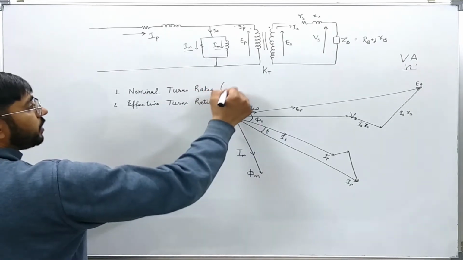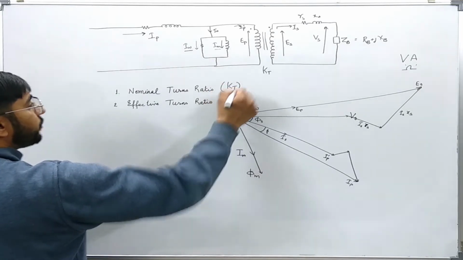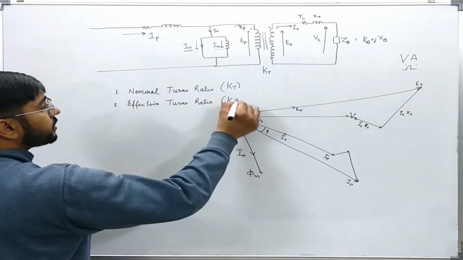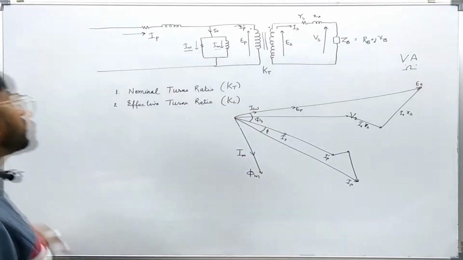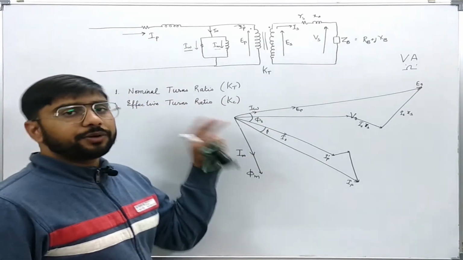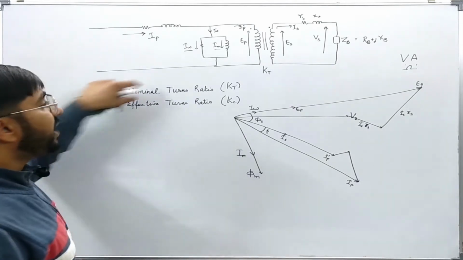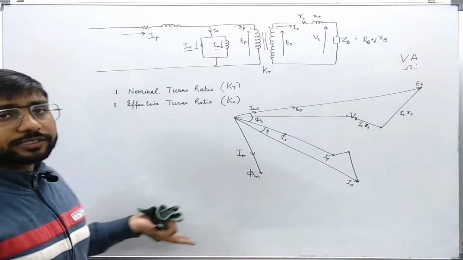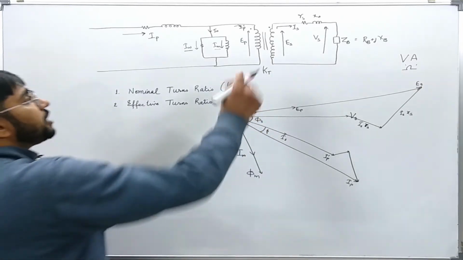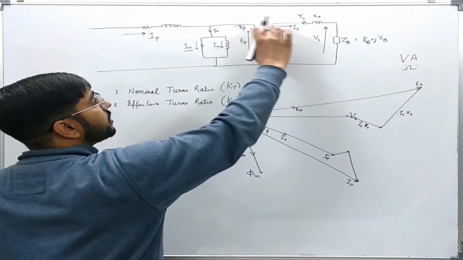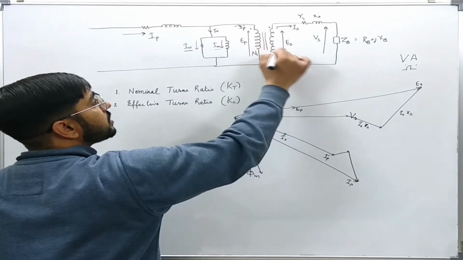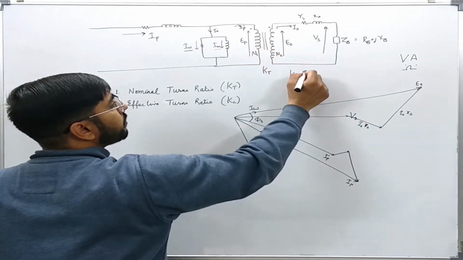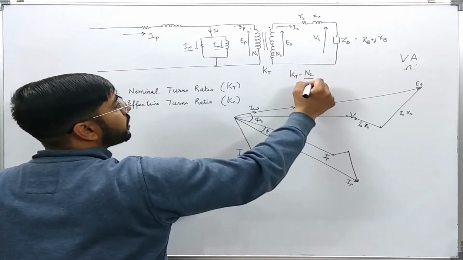I will use KT for the nominal turns ratio and Kc for the effective turns ratio. So what is the nominal turns ratio? It is actually the nameplate turns ratio of the equipment. It is nothing but the number of turns. Let us say this is N1, this is N2. So KT is N2 over N1.